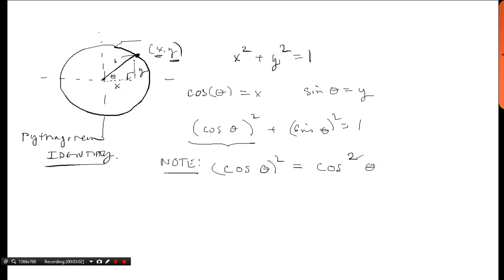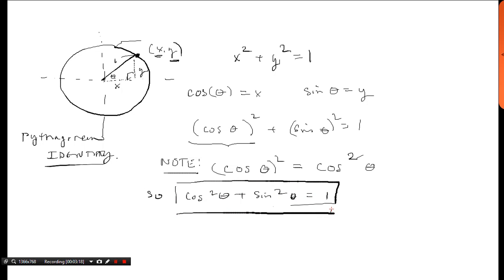So this is what they'll actually do. We end up having cosine squared theta plus sine squared theta equals 1. And this is your Pythagorean identity. Easy as pie, 3.14. So this is really all we need to do.